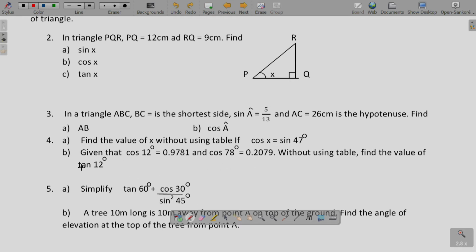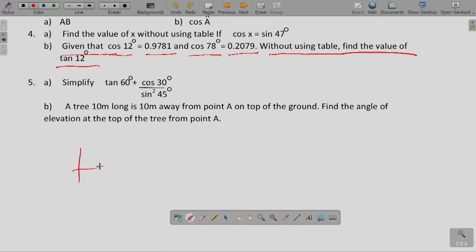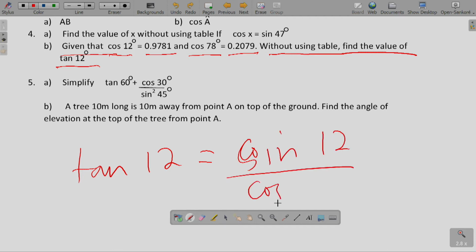Question 4b. Given that cos 12 is equal to this one and cos 78 is equal to this one, without using table, find the value of tan 12. We know that tan of angle is equal to the ratio of sine of that angle, for here we have angle is equal to 12, over cosine of that angle.